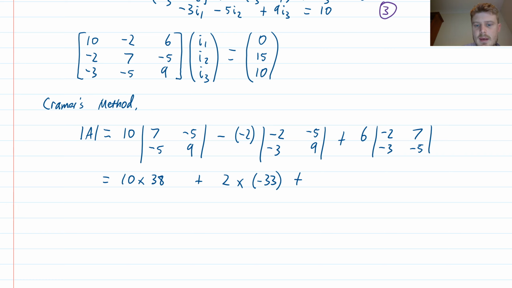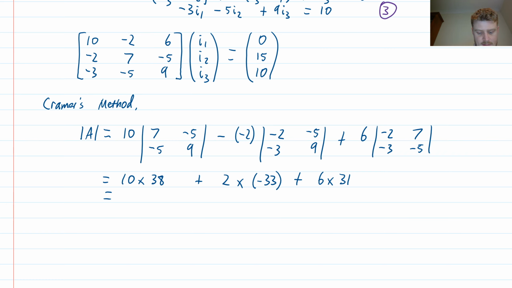And then last one here will be 6 times negative 2 times negative 5 minus 7 times minus 3 is 31. You've got to keep your wits about you with all the negative signs when doing this. But let's just go ahead and calculate that one.